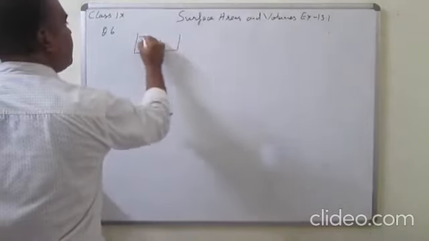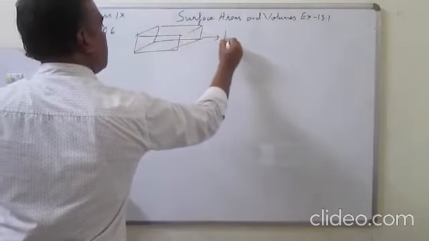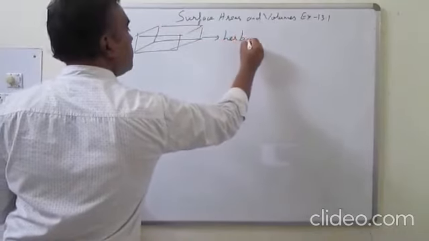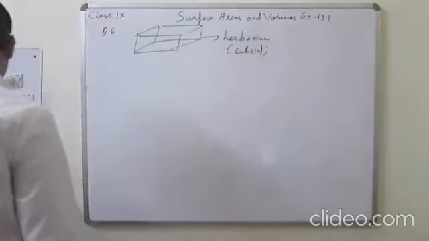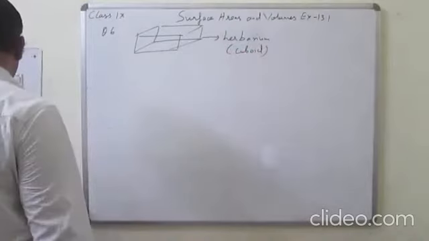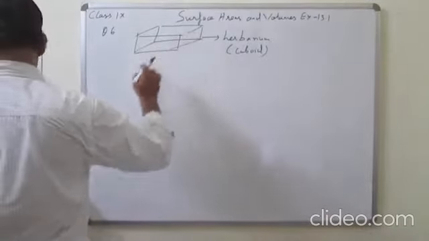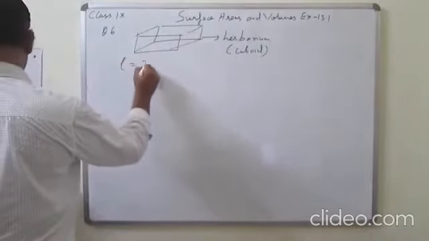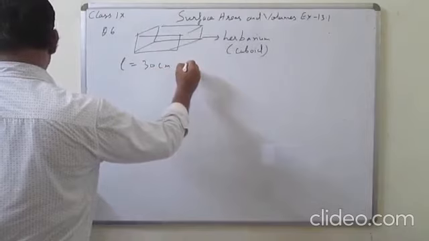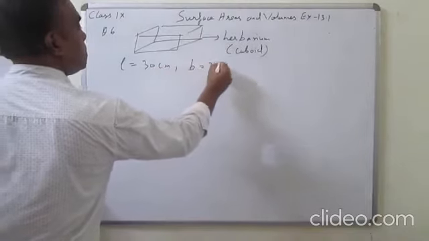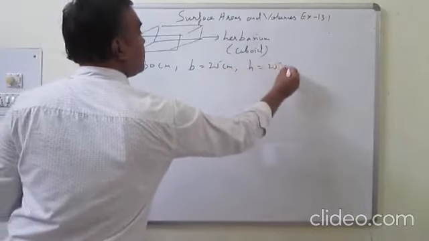It is the shape of a cuboid, entirely made of glass panes including base, held together with tape. Tape is applied on it. Length L is given as 30 centimeter, breadth is given as 25 centimeter wide, and height is again 25 centimeter.